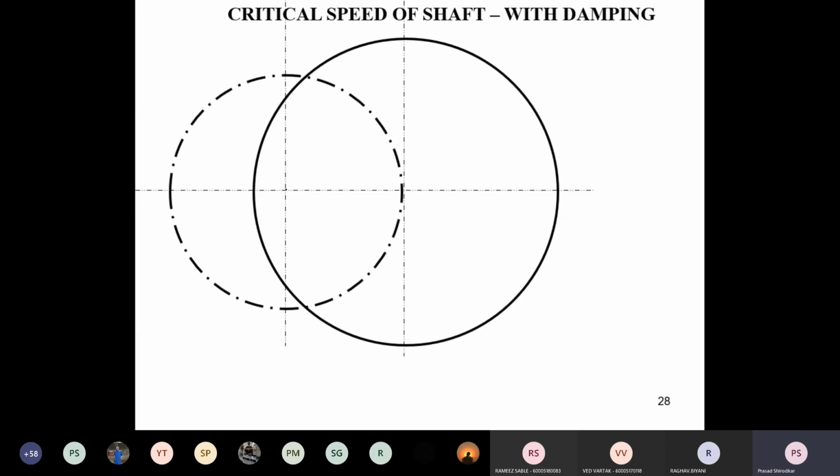Here you have O, your original axis position, S, the new axis, the center of the disc, original position of the disc, new position of the disc, and you have your center of gravity, and e is the eccentricity. Join O with G, and this distance is a. And just extend the line of action of G.